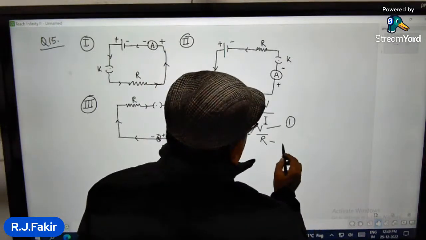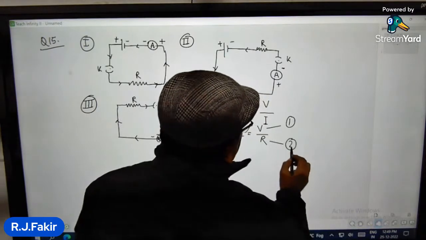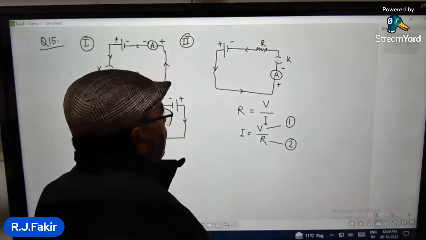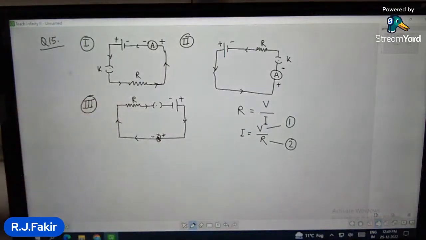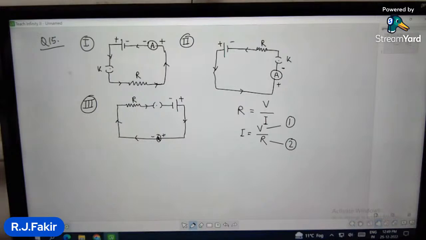One is the voltage and second is the resistance of the circuit, which can affect the reading of the ammeter.